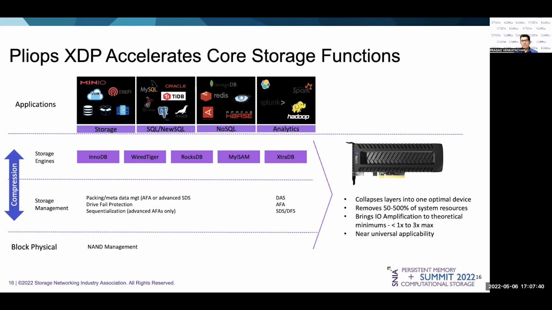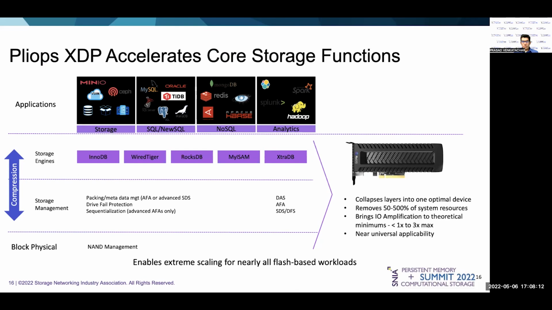Pliops XDP helps alleviate some of these challenges by collapsing multiple layers of CPU overhead, from the storage engine to storage management, and reduces all the IO amplification impacts, keeping it to the very theoretical levels where it should be, so that you get maximum performance. It is universally applicable to several applications, not only the one I talked about on the Redis.